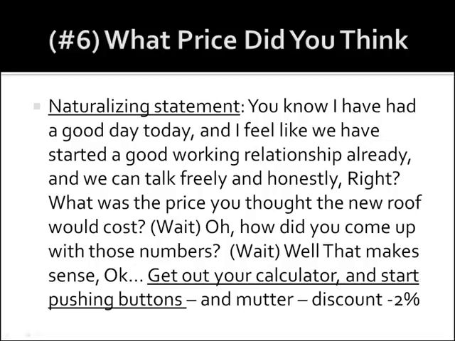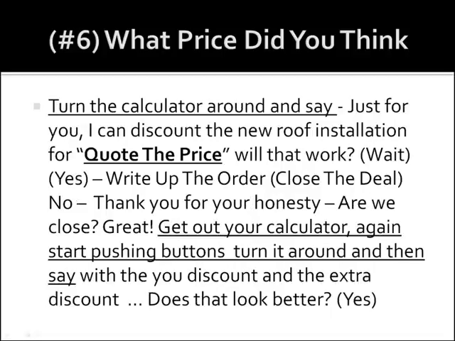Now grab your calculator, start typing on the calculator, pushing the buttons, and mutter, discount 2%. Turn around the calculator and say, just for you, I can discount the new roof installation for whatever your price you have for a quote. Will that work? And wait for the answer.